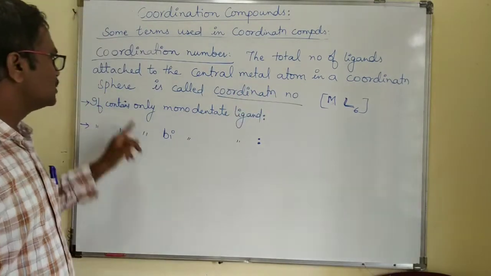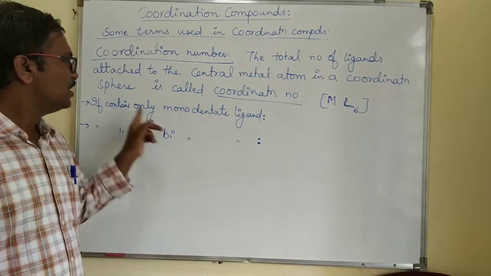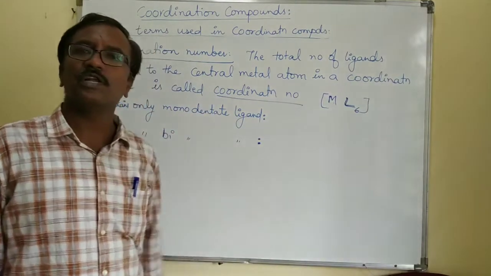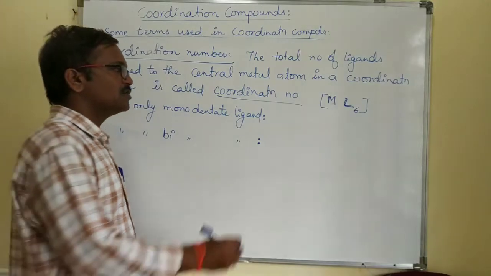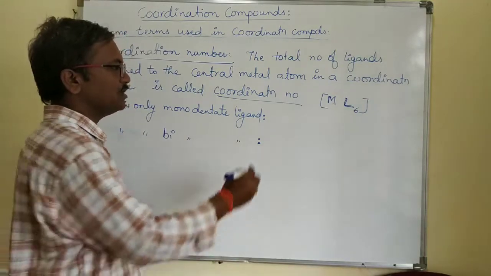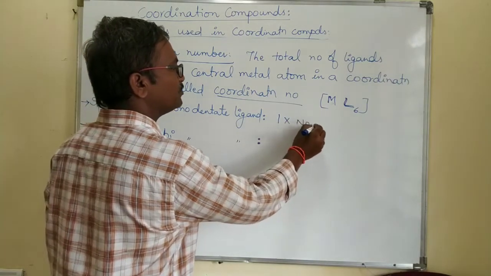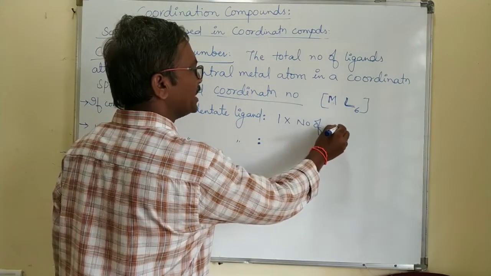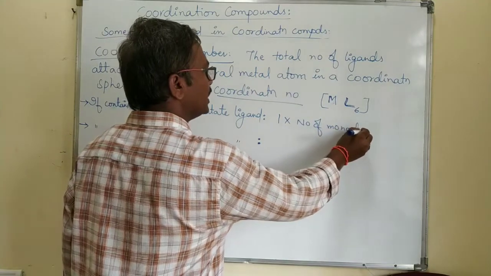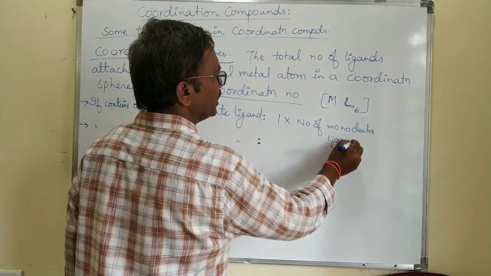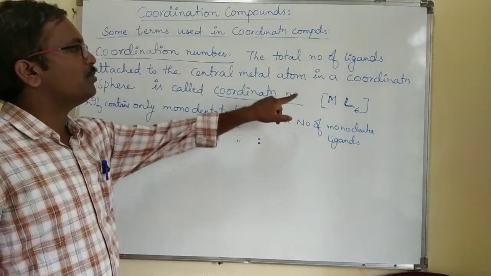Suppose the coordination sphere contains only monodentate ligands. How do you calculate the coordination number? It is 1 into the number of monodentate ligands, which gives the coordination number of that complex.